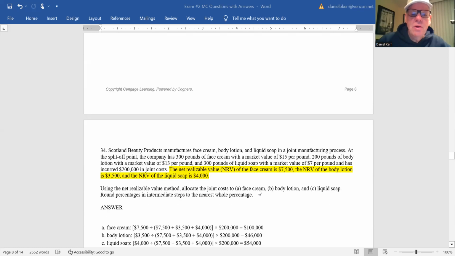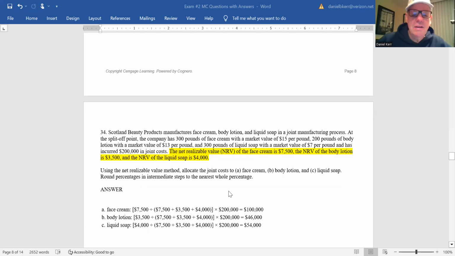Okay. This next one actually was pretty simple. So using the net realizable value method, we told you that the face cream had a net realizable value at split off of 75. The other one had 35, and the other one had 4,000. So you simply add those up, and that's how you allocate it.